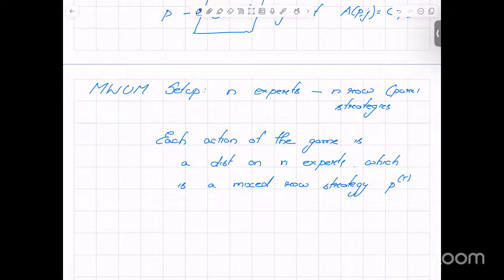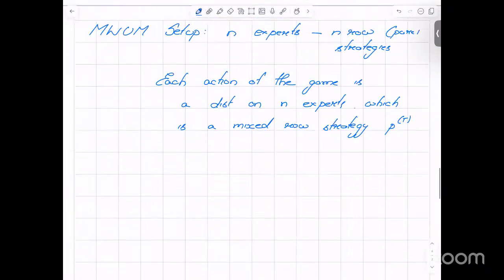The way the algorithm goes is we will assume that the oracle on input P_t outputs J_t, the best response, the corresponding column index.